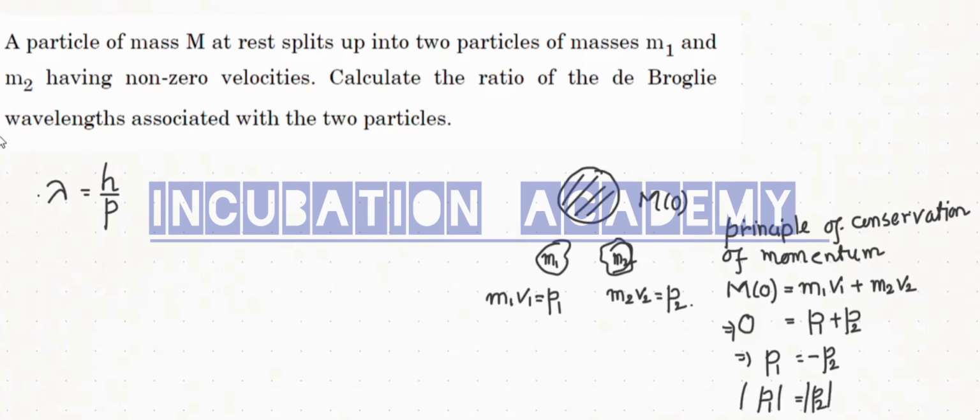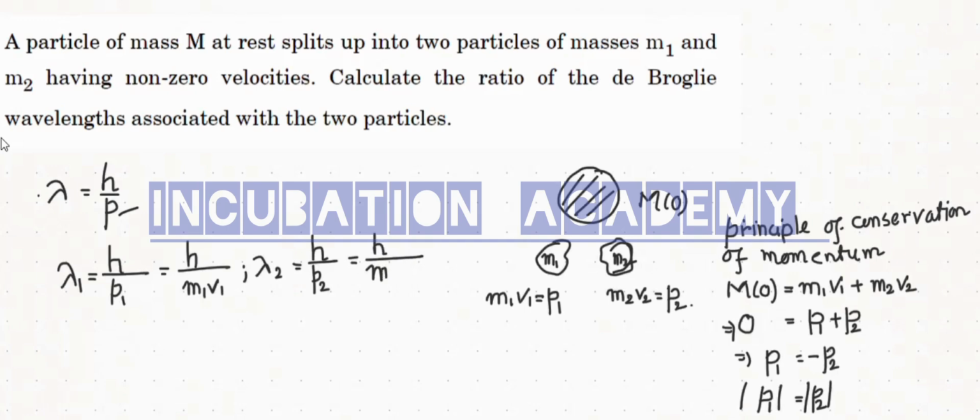The wavelength depends on the momentum. So lambda 1 equals h divided by p1, or h divided by m1 into v1, and lambda 2 is h divided by p2, or h divided by m2 into v2.